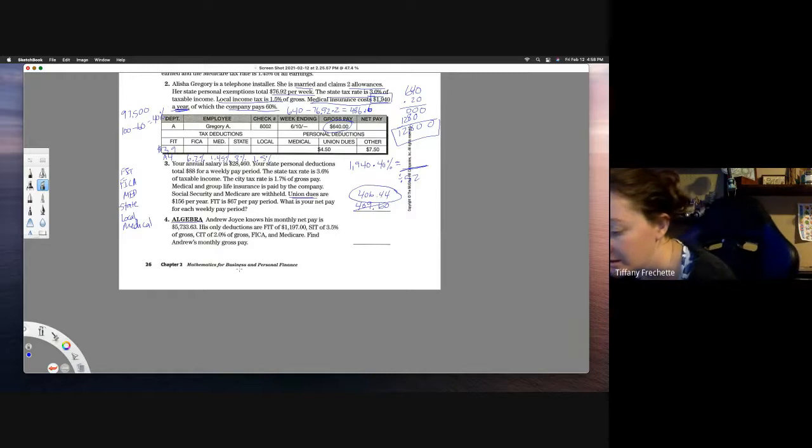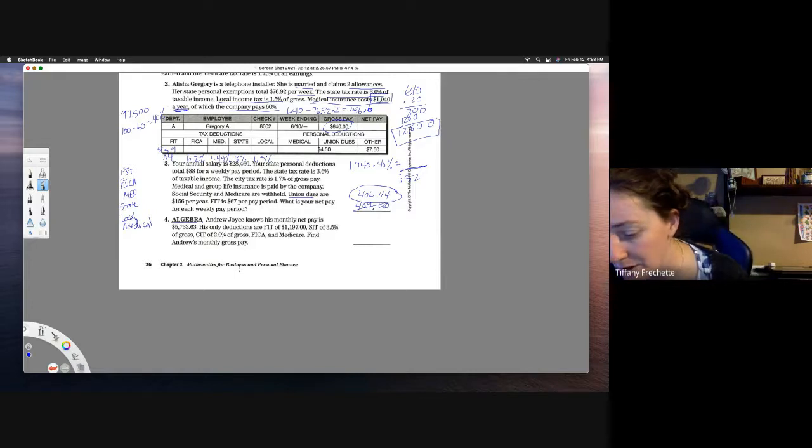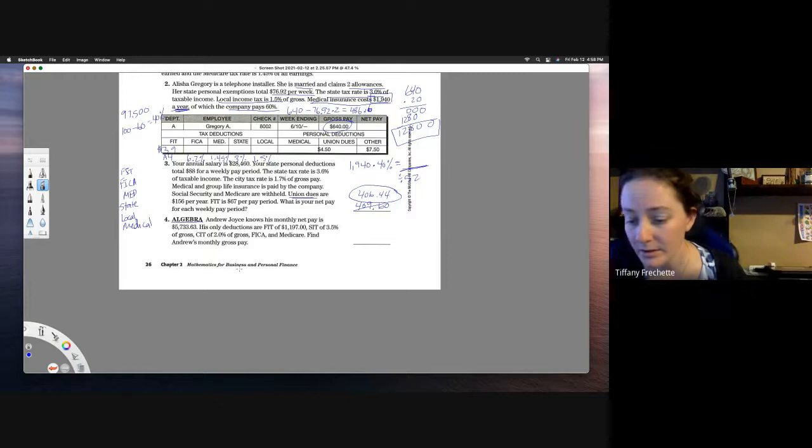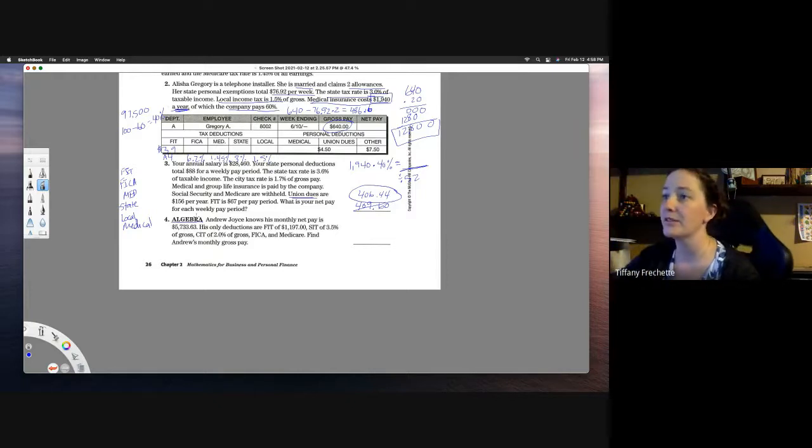then, let's see, we need to find, I want to make sure I'm explaining this correctly. Okay, so let me first define a few things here. So we have X is his gross pay. So we don't even know what his gross pay is. We know what his net pay is, but we don't know what his gross pay is.